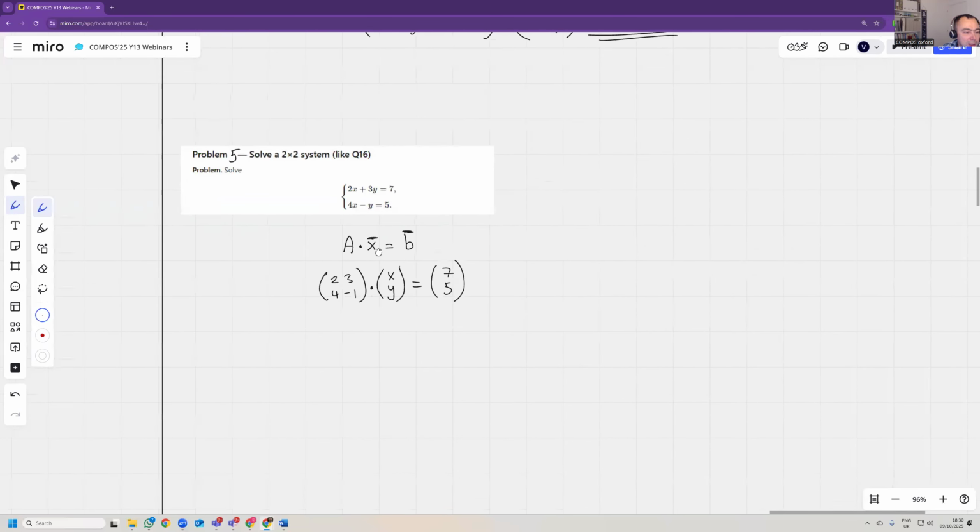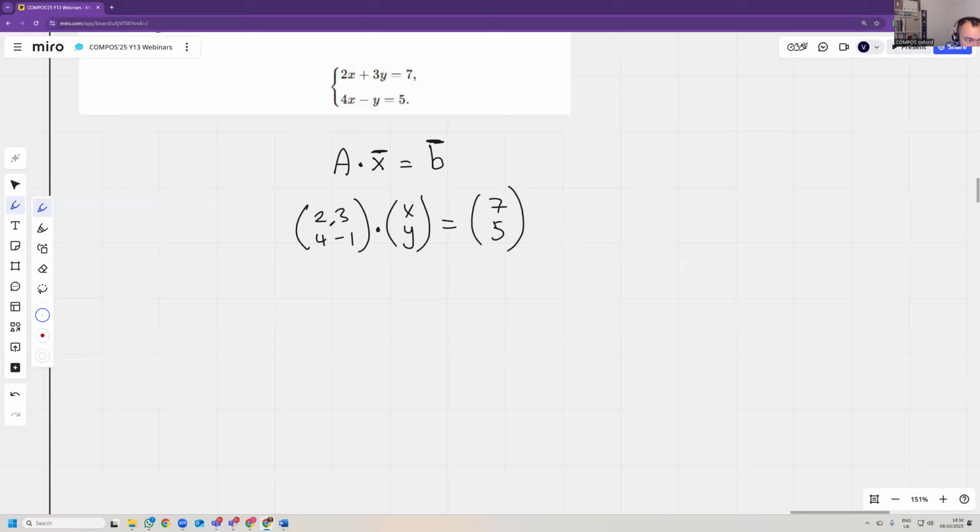Okay. Well, you can check that this is in fact true. If you start multiplying out, you get 2x plus 3y, 4x minus y, and that's equal to 7, 5, which is just equivalent to what we have here. So I'll delete that.